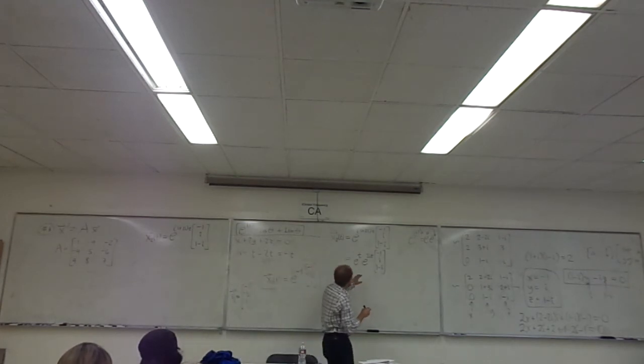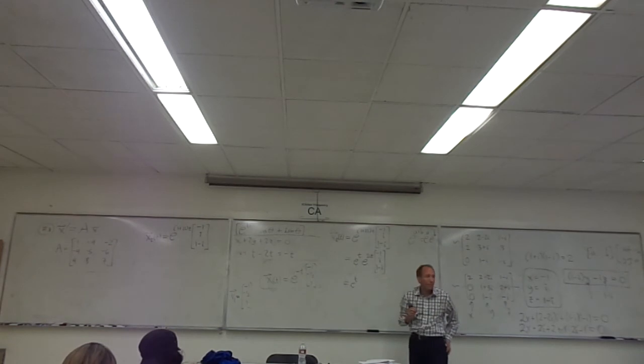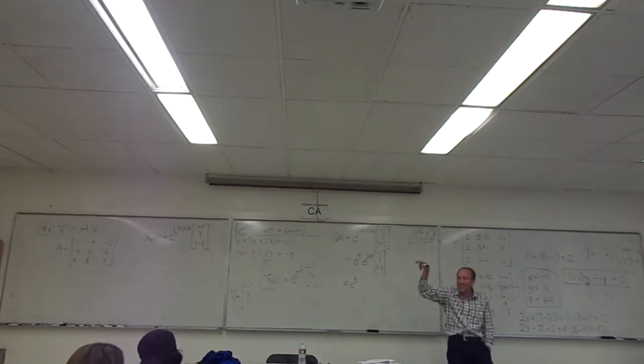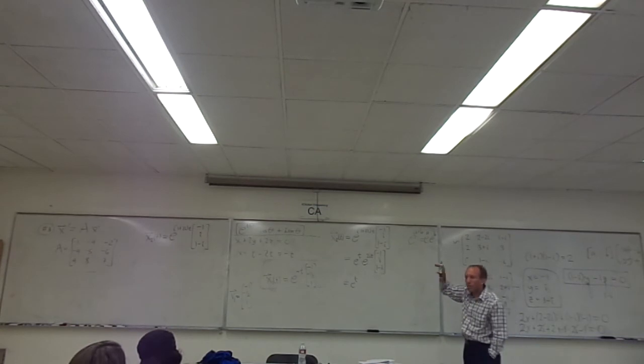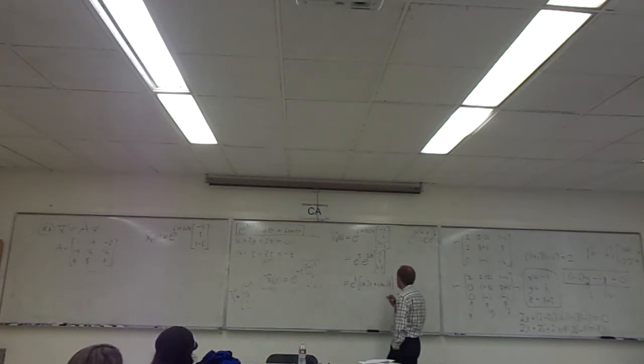So if I use that right here, what is my theta that I'm going to be thinking about? 2t, right? The i is not part of the theta. So we're going to get cosine of 2t plus i times sine of 2t. All right?